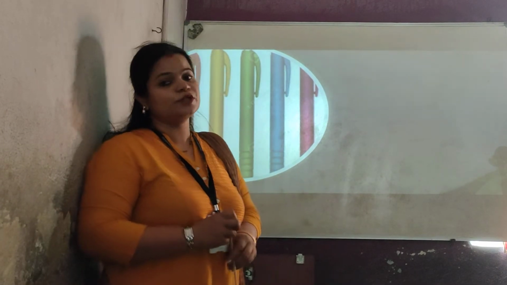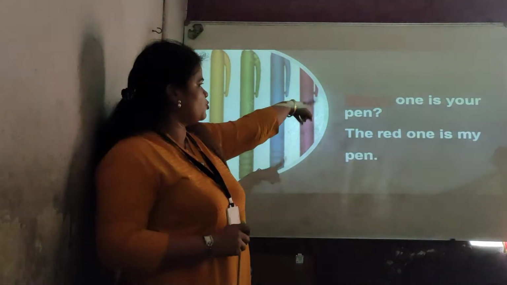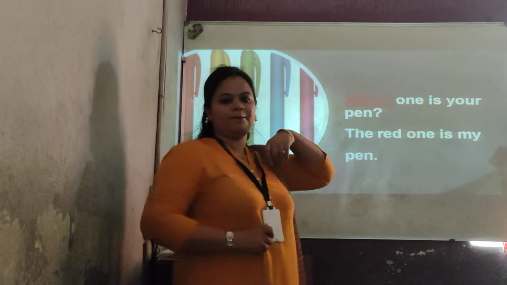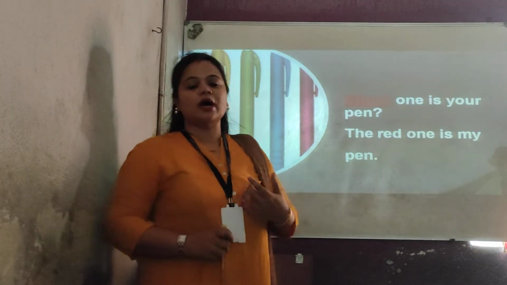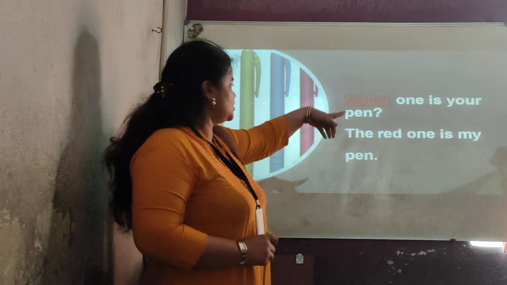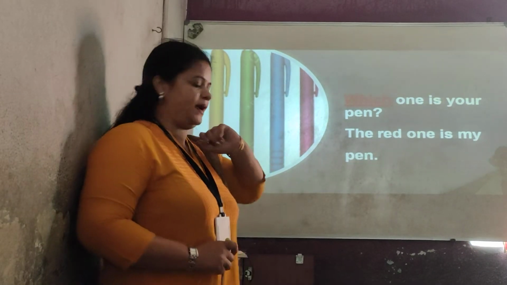Which word will we use to frame a sentence? Yes, right. Which one is your pen? The red one is my pen. That means the word which we use to ask about the choices. So which one is your pen? The red one is my pen.